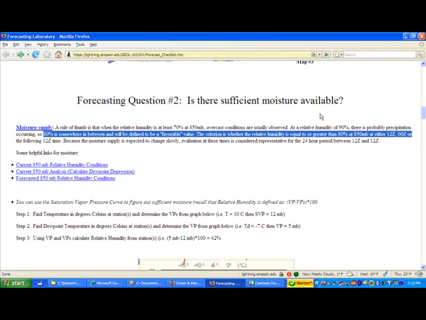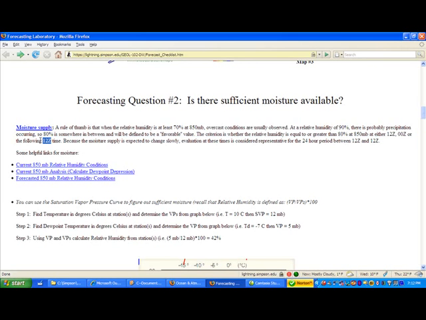So as I'm sitting here this evening, 7 o'clock on a Tuesday evening, January 29th, and I'm forecasting for Wednesday, January 30th at 12Z. What I'm looking for is if there's 80% relative humidity at 12Z tomorrow, Wednesday, January 30th, or 0Z, which would be 6 p.m. tomorrow night on January 30th, or the following 12Z, which would be Thursday morning, January 31st.